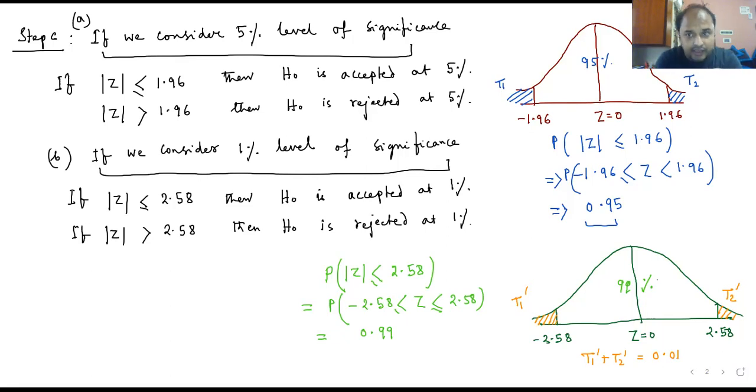First of all, you have to understand when we say that mod z is less than or equal to 1.96, or whenever we say that H0 is accepted at 5% level of significance, what do we mean by that? It means that when we select a large sample from the population, and if we repeat the experiment, if we count the rice eating people and wheat eating people, just like we did in the previous case.